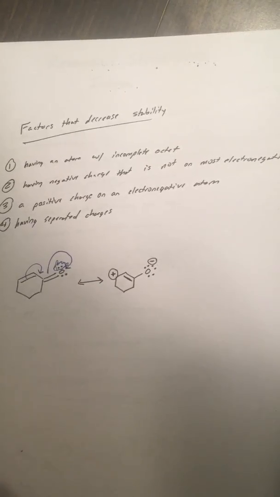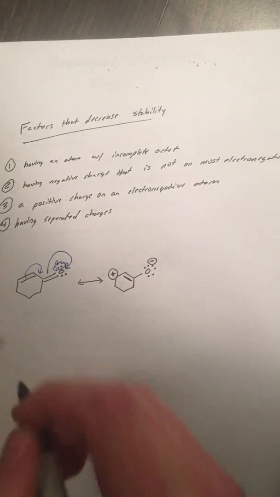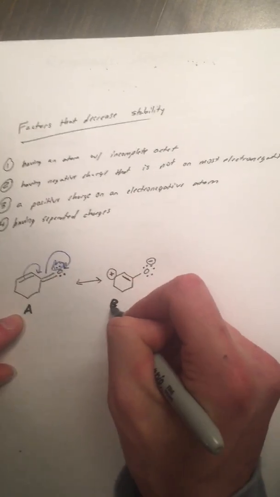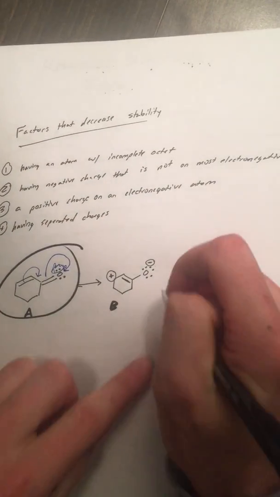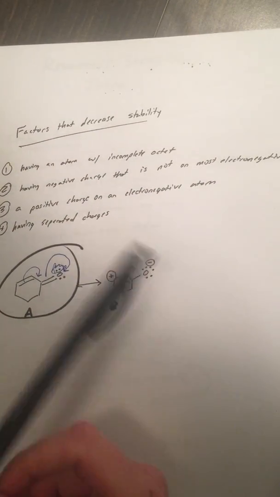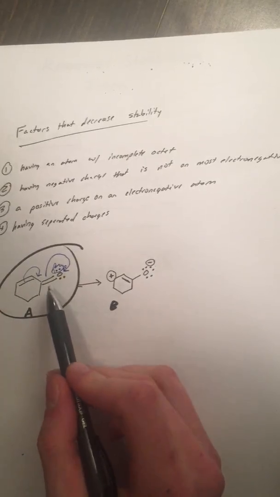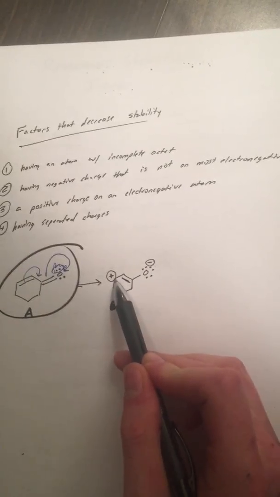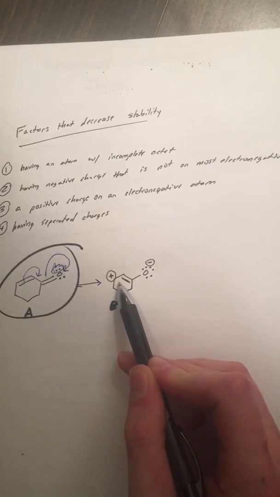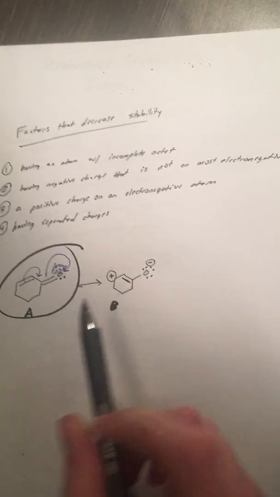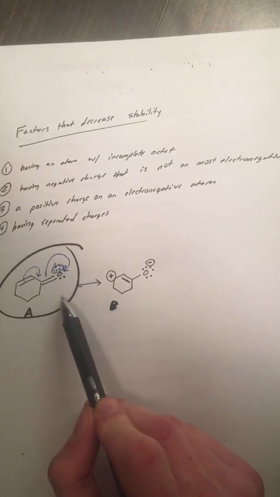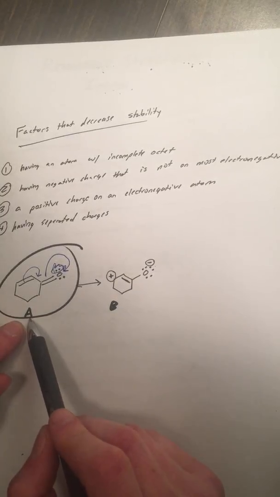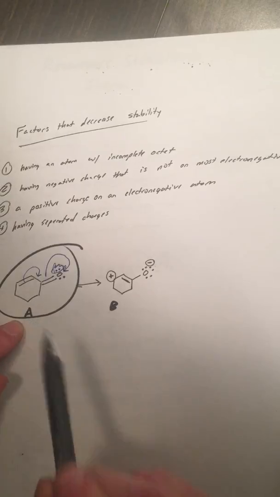So between these 2 resonance structures, A or B, A is going to contribute more to the hybrid because it's neutral, it doesn't have any separated charges, and this carbon right here in B has an incomplete octet. So those are 2 rules violated in this structure, so this means that structure A is going to be more likely to contribute to the resonance hybrid.